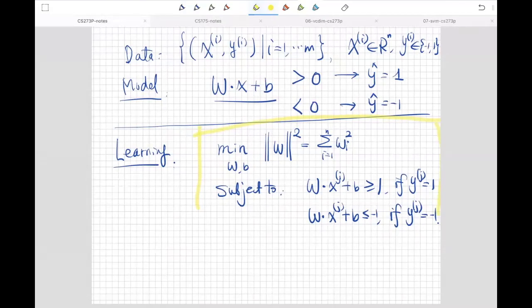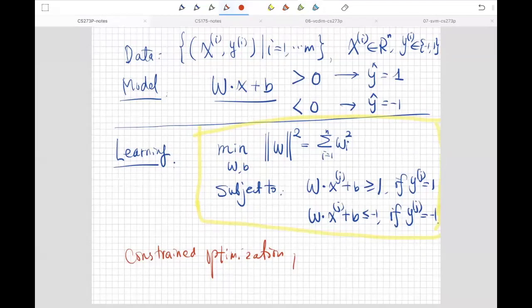You can see it's different from the previous model. The difference is this, and this problem is now called a constrained optimization problem. In this problem, we want to minimize this, but when we minimize, we're not allowed to choose any W and b.